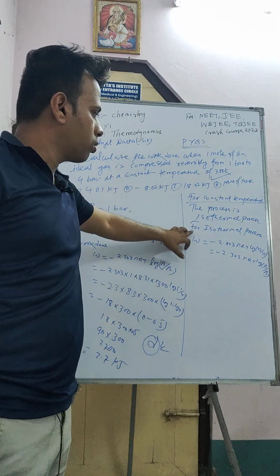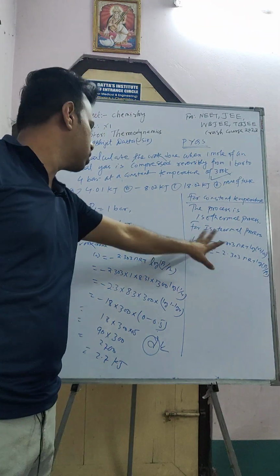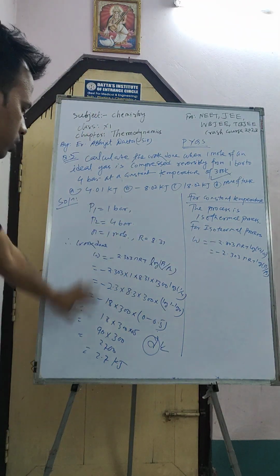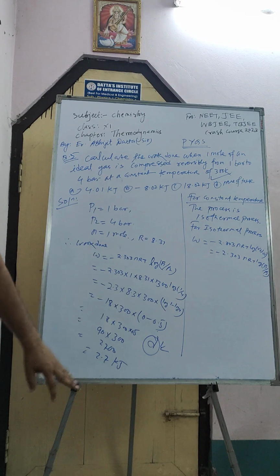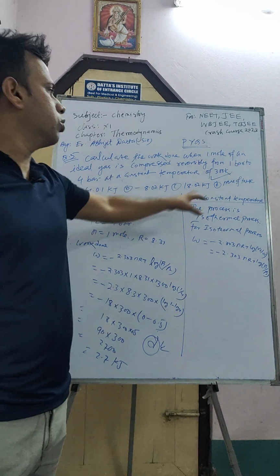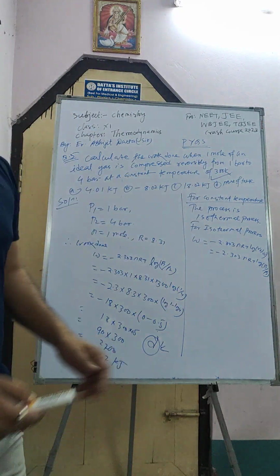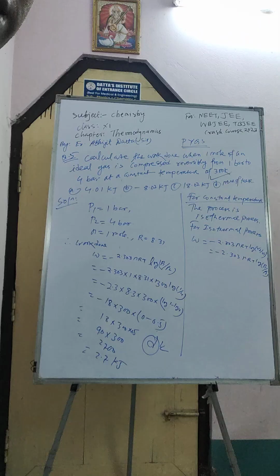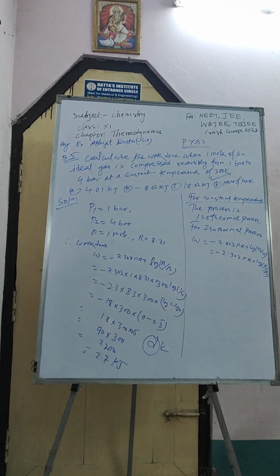For the isothermal process, we know these are the formulas of work done. So I put in all the values, and after simplifying it becomes near about 2.7, that is 3. But since no option is given as 3, I consider option D. So which option is correct, sir? Option D is correct. Okay, I hope you understood this one.